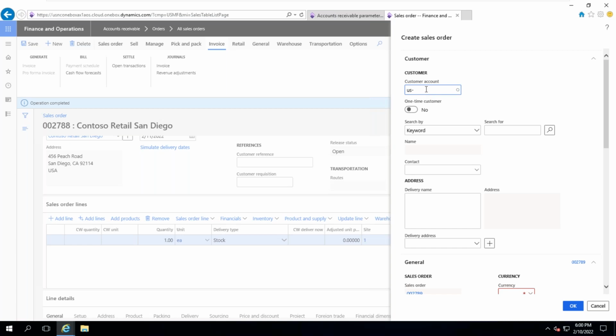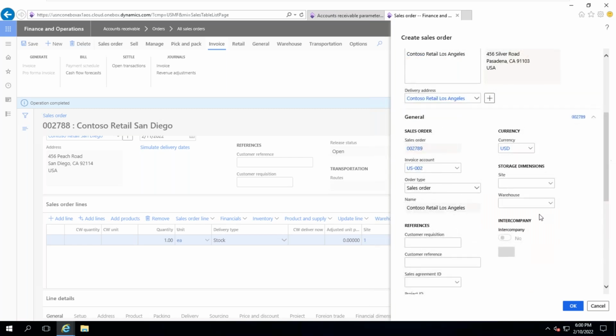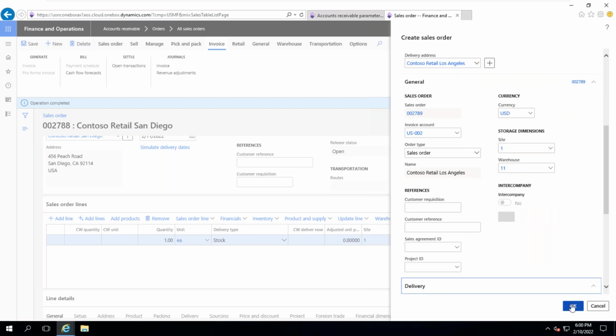I have entered it, but it is not captured. Sorry, 002. Any customer is fine. Okay. Selecting the site and warehouse. Click OK.